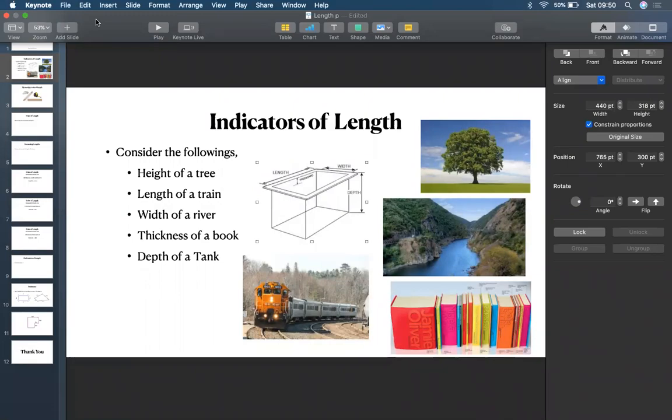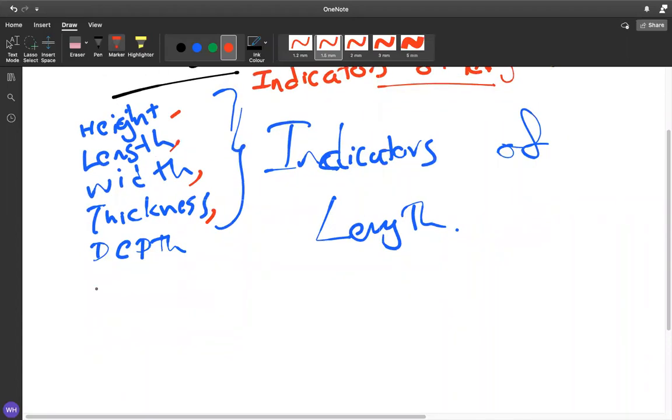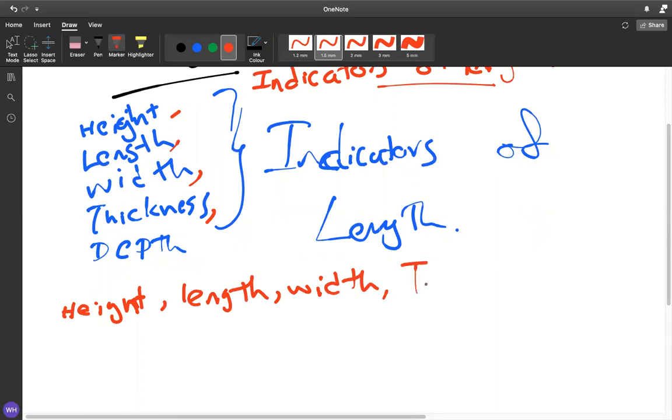Height, comma, width, comma, and write all this. Height, comma, length, comma, width, comma, thickness, and depth.